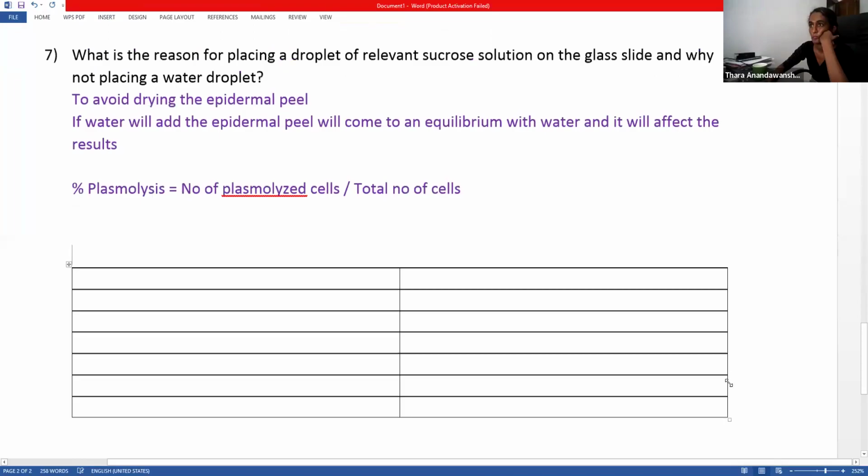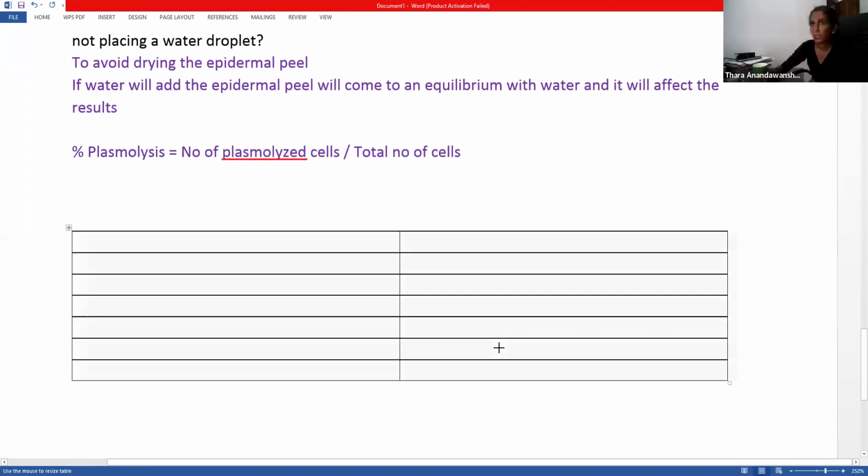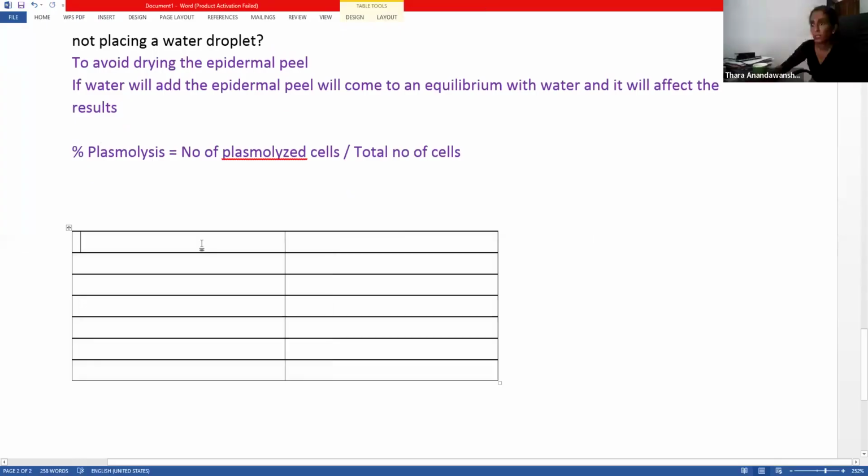Molarity of sucrose solution versus percentage plasmolysis.